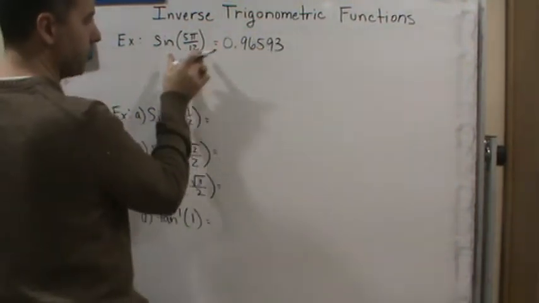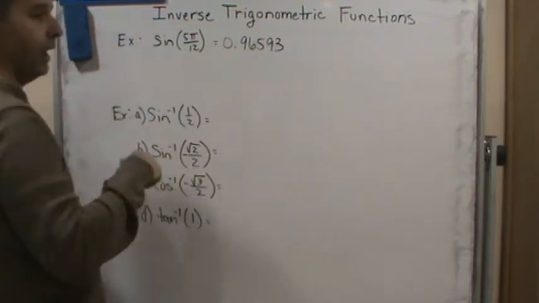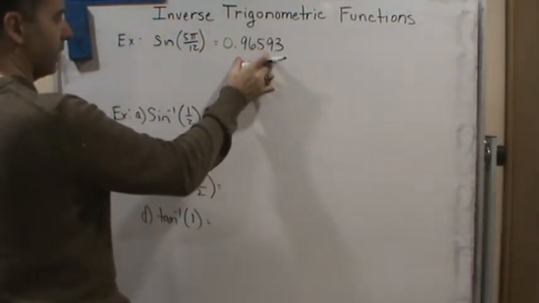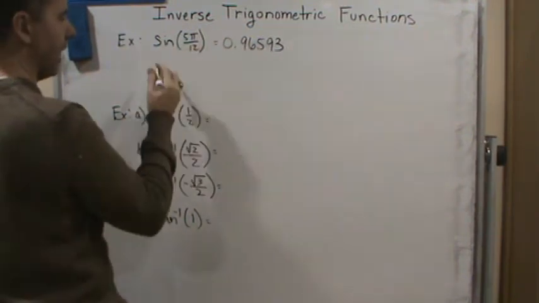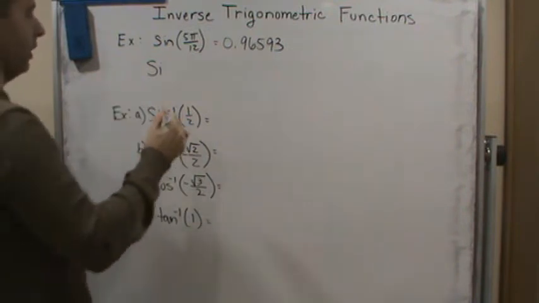Remember, the principle of equality means that whatever I do to one side of the equation, I need to make sure I do to the other side. So if I take the inverse sine, make sure I take the inverse sine of both sides, right? And then I can just use the fact that they are inverse functions.